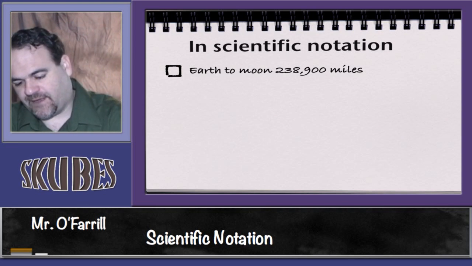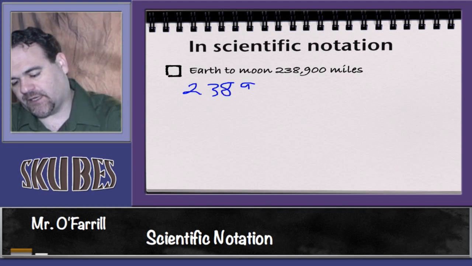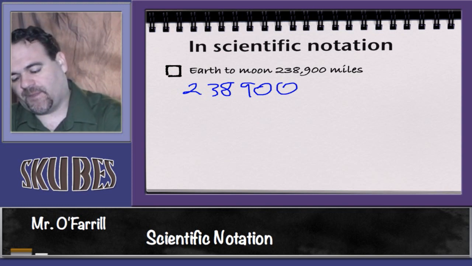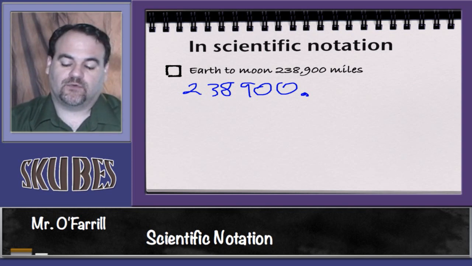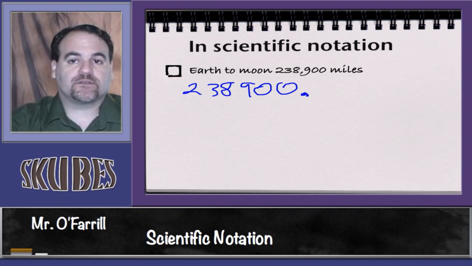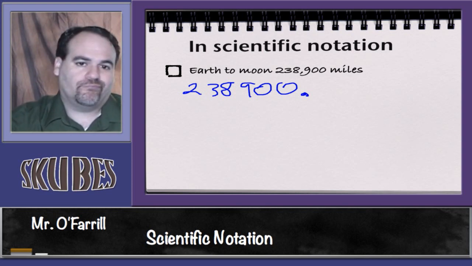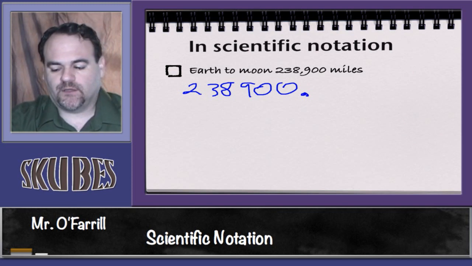Well, let me write this out again, but a little bit bigger so that I can work with it, and I'm going to take out the comma. There's really a decimal point here, isn't there? We're saying 238,900.0, essentially.